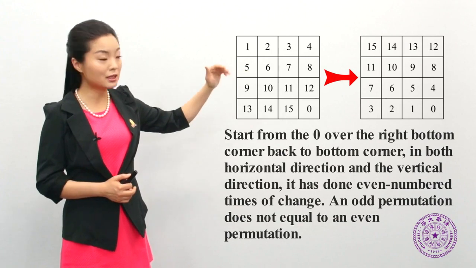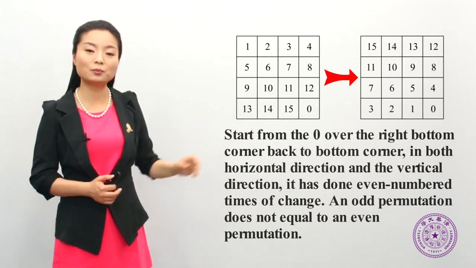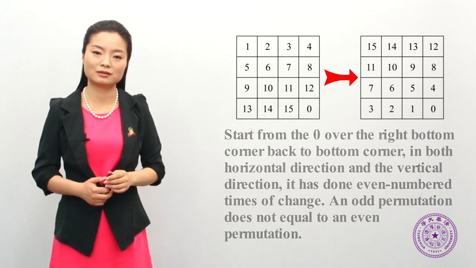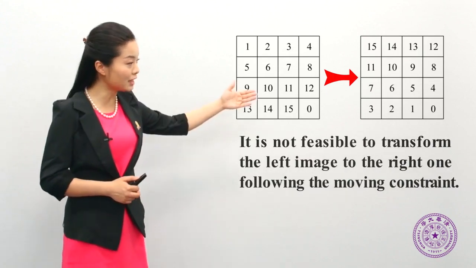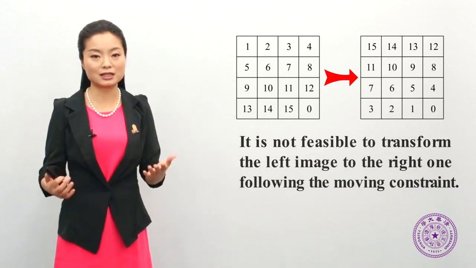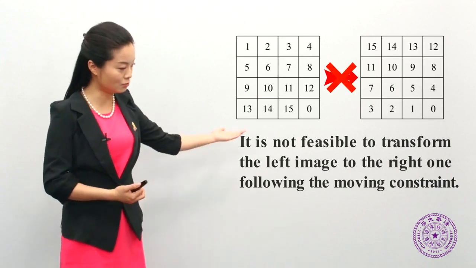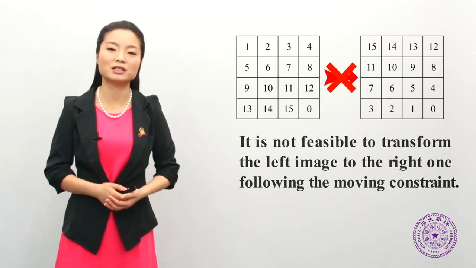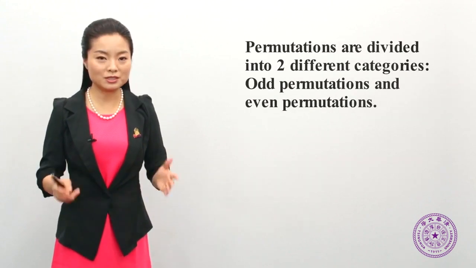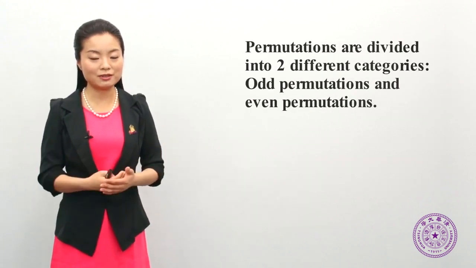Since we know that all permutations can be categorized into odd permutations and even permutations, then we can take out all the even permutations. They form a subgroup of Sn. We name it the alternating group. Normally, we use An to represent it. Why is it a group?